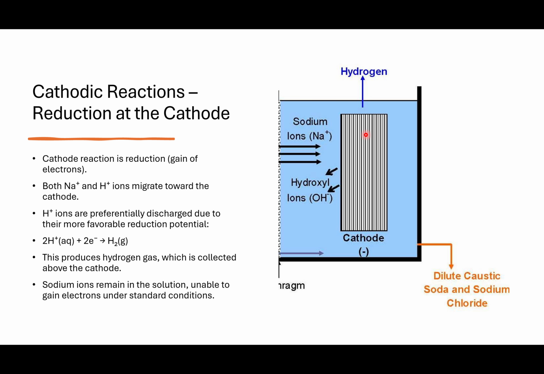And as hydrogen is being produced, hydroxide ions are going to be produced in solution. We have sodium and hydroxide ions in the solution that will produce our sodium hydroxide. And as we take out the sodium hydroxide, some sodium chloride is going to be in that solution as well.